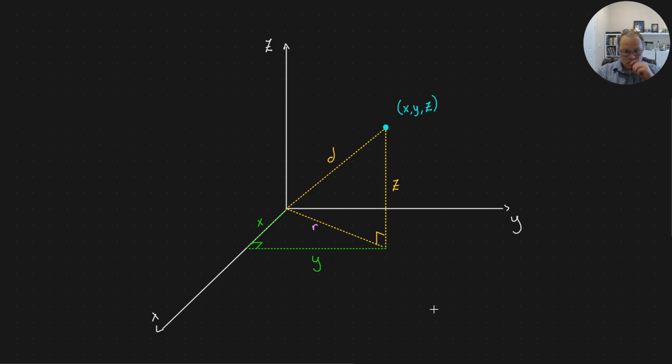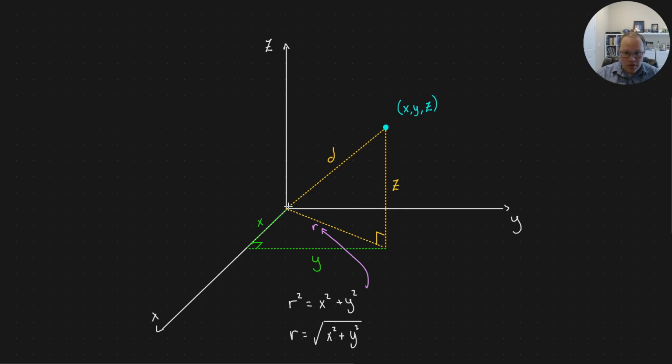Okay? So if we're going to find R, by the Pythagorean theorem, r squared is equal to x squared plus y squared, just looking at that green triangle. And since it's a distance, r is going to be equal to the square root of x squared plus y squared. Okay? So that's for r there.